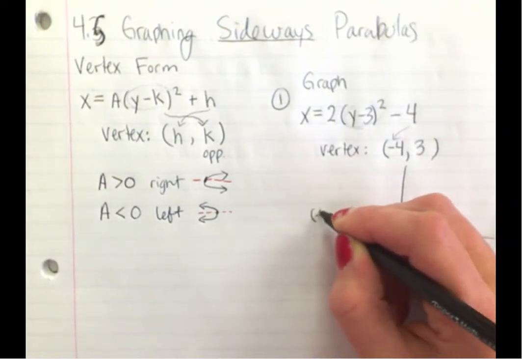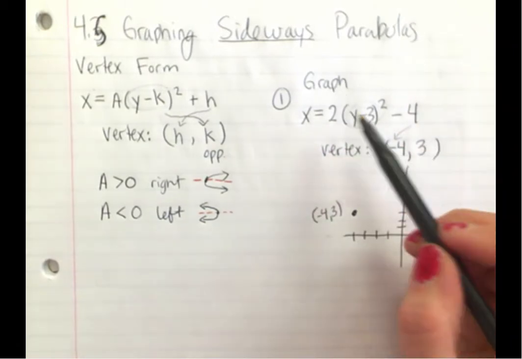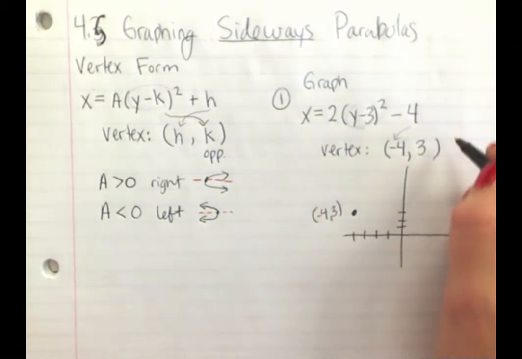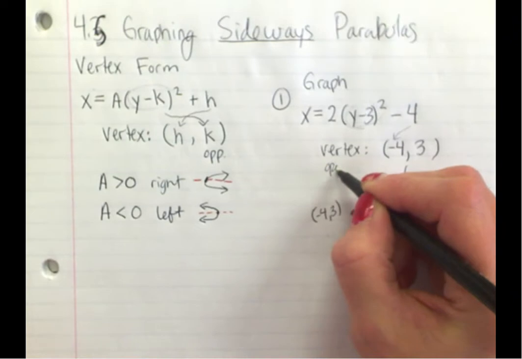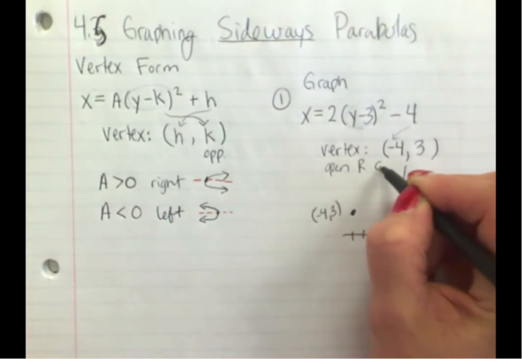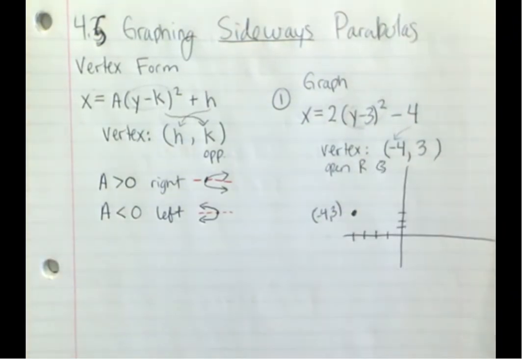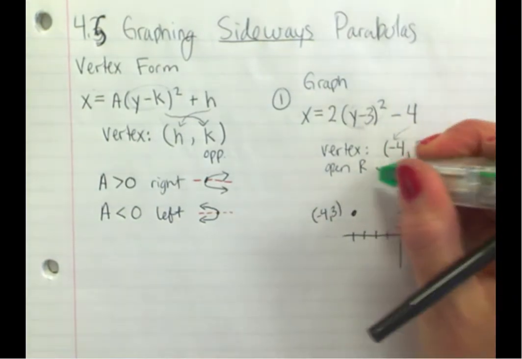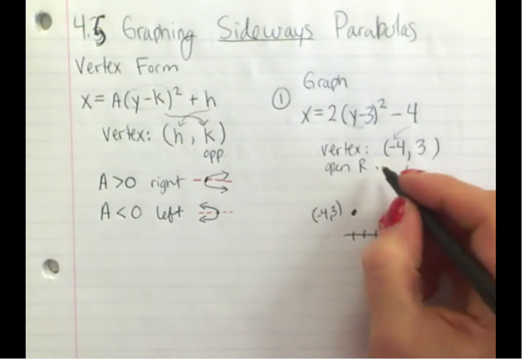Okay, so -4, 3. Now, I should have put a little note here: opens right. Opens right because of the positive A value that I see.